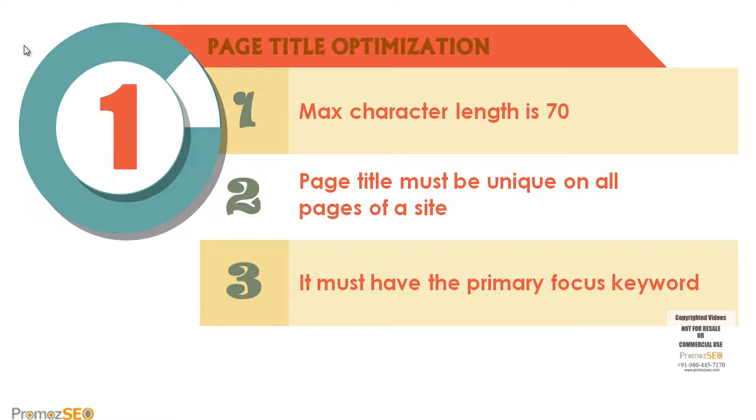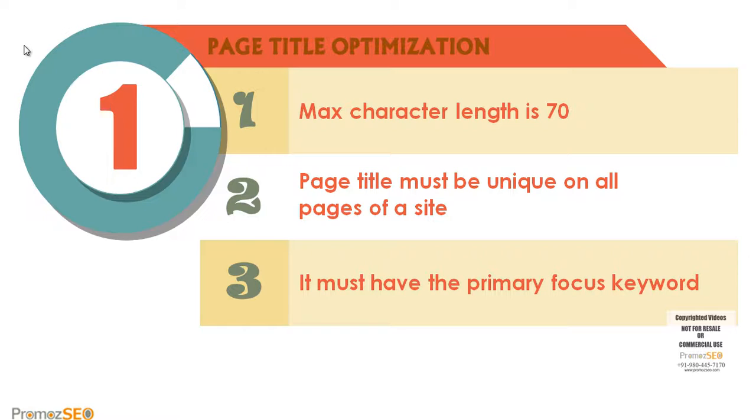Next, the page title must be unique on all pages of a website. If you have 50 pages or 500 pages, whatever number of pages you have on your site, all the pages must have a unique page title. That is a very important thing. Otherwise, if you are targeting similar or the very same keywords on multiple pages, that can cause a cannibalization issue, which can cause a problem for your site.